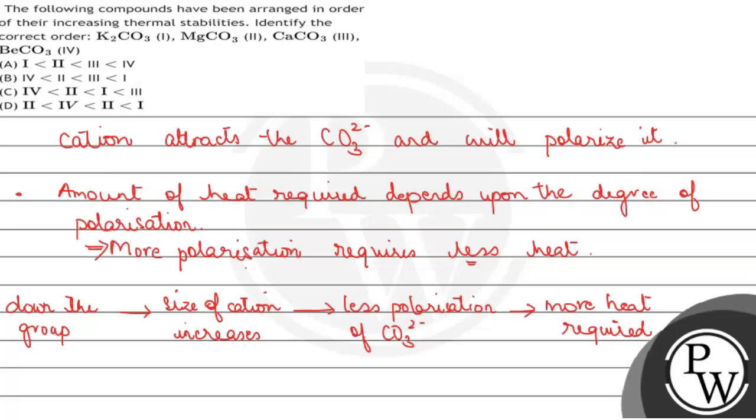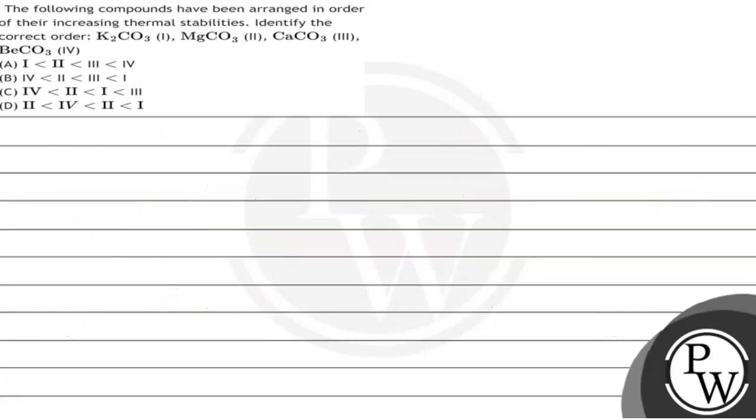अब जो कार्बोनेट्स हमें प्रोवाइडेड है उनका हम साइज देख लेते हैं. So the increasing order of size will be, जो तीन एलिमेंट्स है that is magnesium, calcium and beryllium that are from the same group.